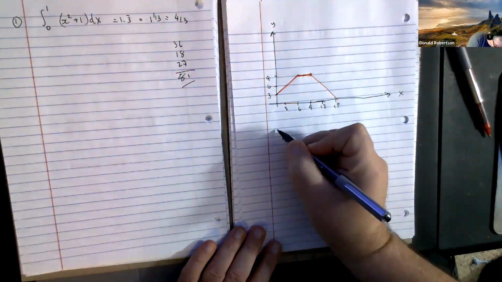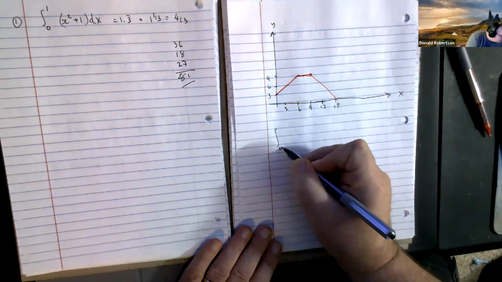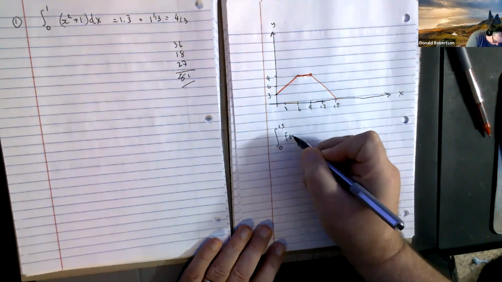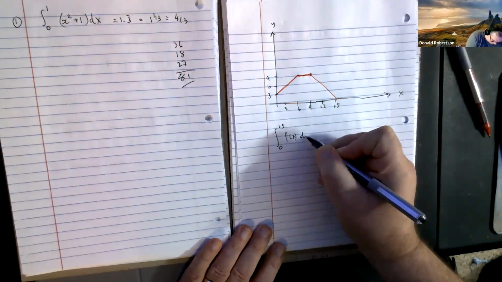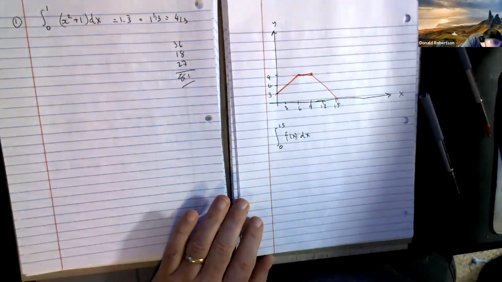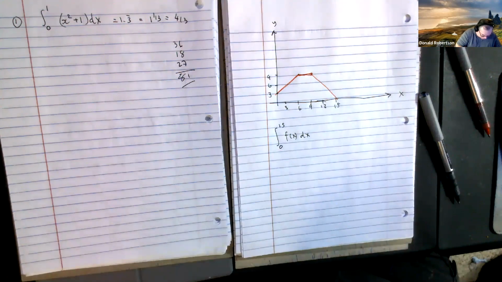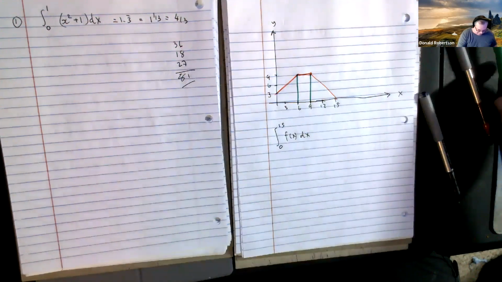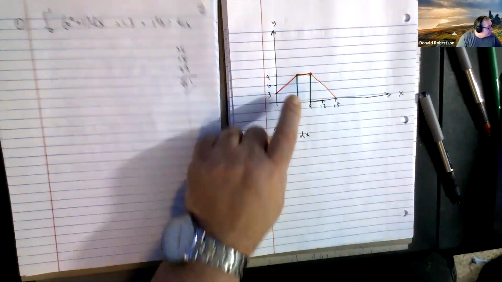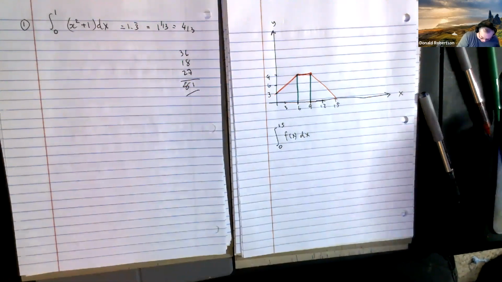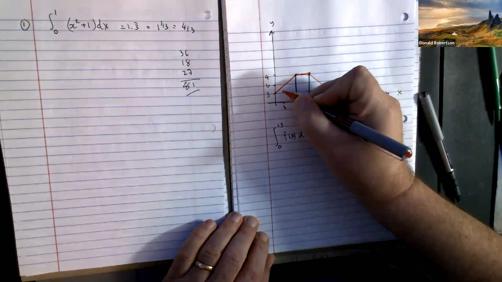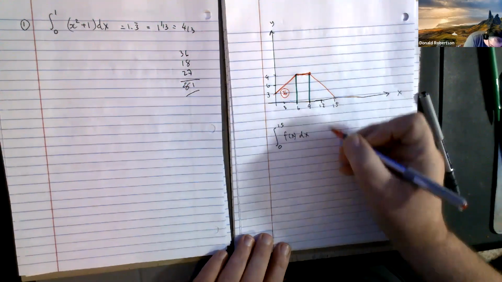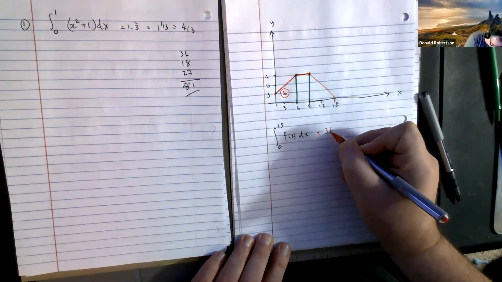So the one I got wrong was the integral from 0 to 15 of this function. So I'm splitting it into these 3 pieces. This piece here, we already know that its answer is 36, and it's been verified as 36. So it's going to be made up of 36.